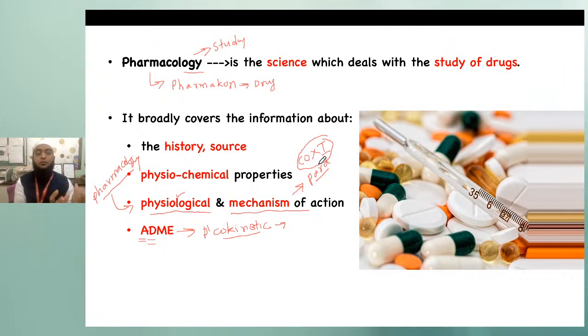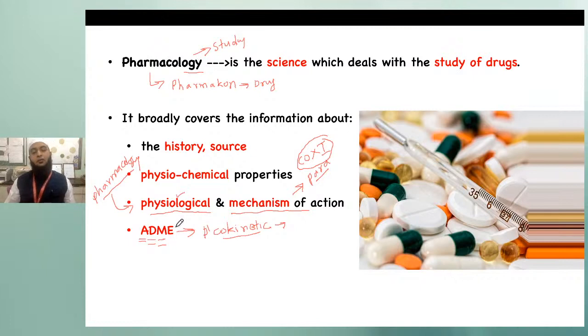Then it will move from your blood circulation to the metabolizing organ. There are different metabolizing organs present in our body. The major metabolizing organ present in our body is the liver. So the drug will go to the liver. Likewise, some drugs are also metabolized in your lungs. They are also metabolized in the GIT, but the major portion of the drug is metabolized in your liver. So now what happens in case of metabolism? In case of metabolism, the original structure of the drug is changed, right?